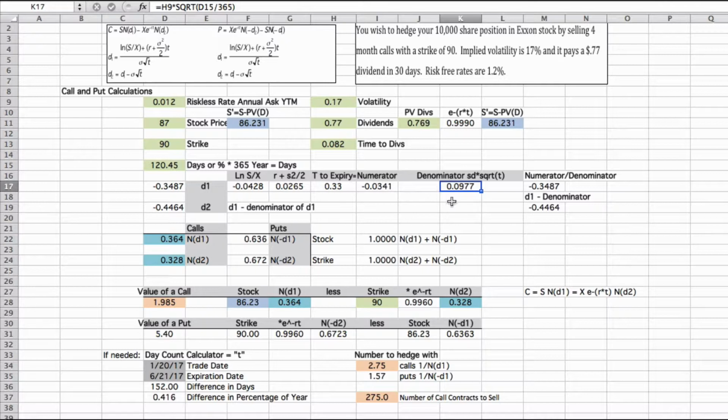And numerator divided by denominator is D1, negative 0.3487.